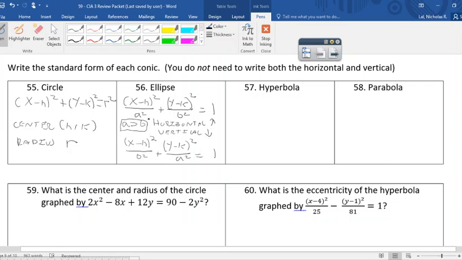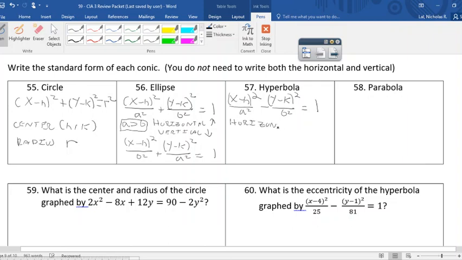For your hyperbola, you will have (x minus h) squared over a squared minus (y minus k) squared over b squared is equal to 1. In this case, this is a horizontal hyperbola.